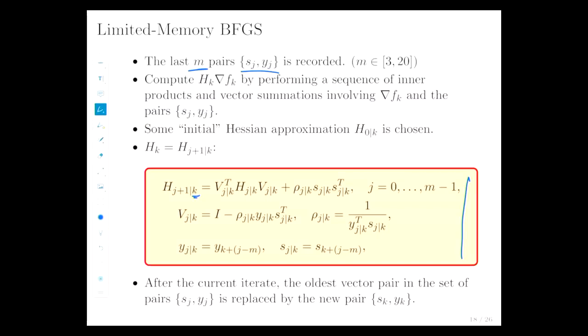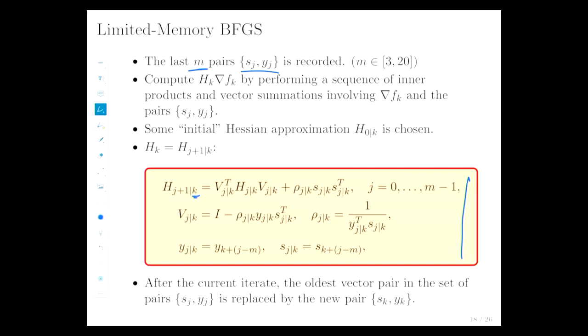So I run these iterations over j. They happen at step k. How many of you have heard of moving horizon estimation? It's exactly that, to estimate. So we only look at the last m observations to construct an estimate.